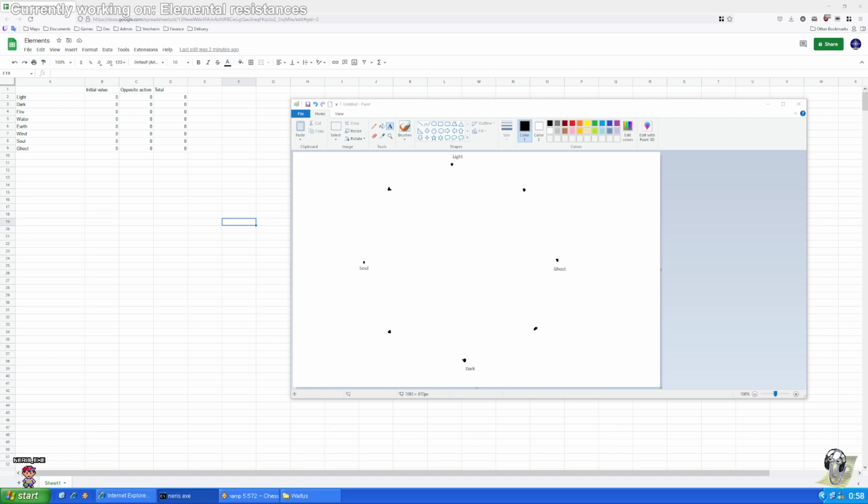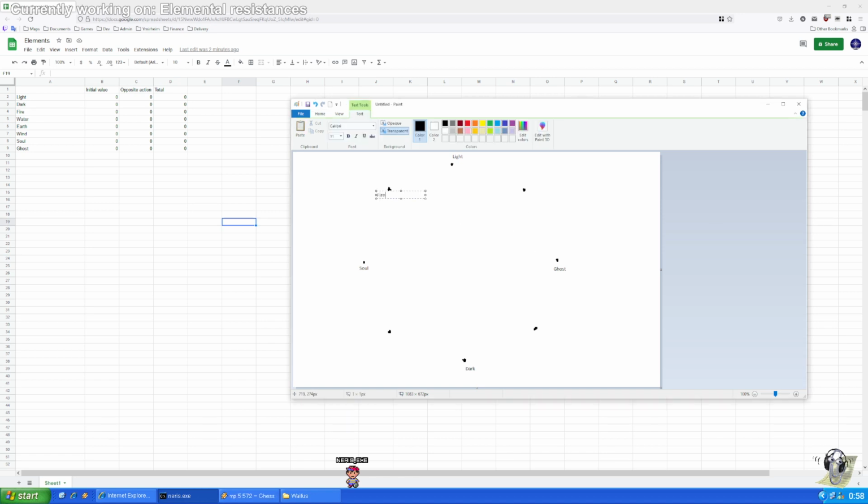Then we have fire, should be somewhere there. No. Fire, earth. Okay, I think I got this. Fire. This is going to be water. Then this is earth. And this is wind.